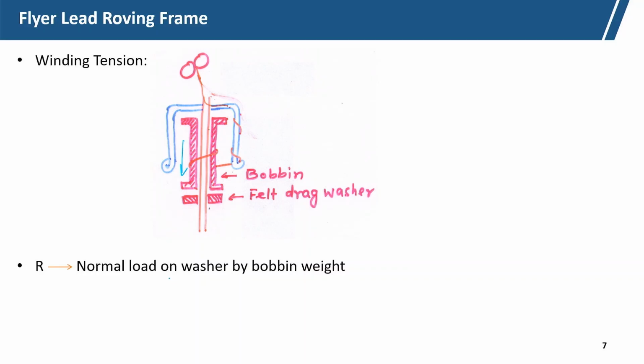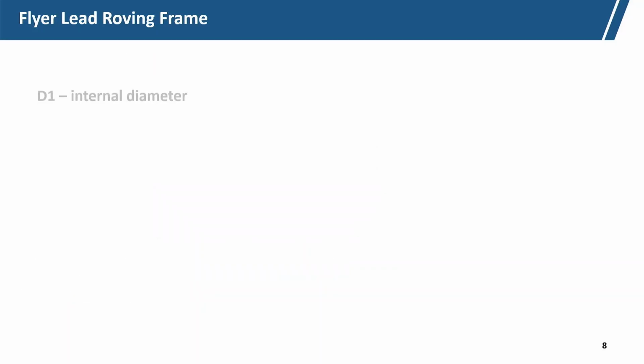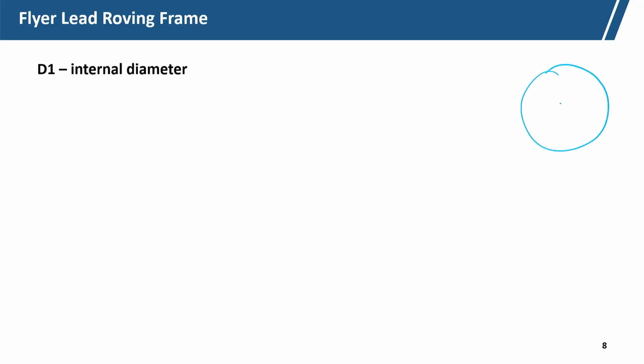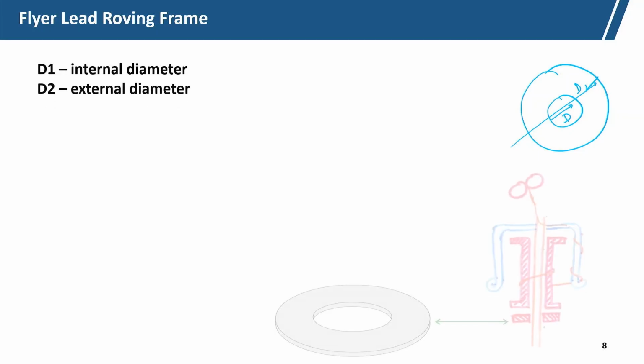So, the normal load on the washer by the bobbin weight is R, mu is the frictional coefficient between the washer and the bobbin flange surface. D1 is the inner diameter of the washer, D2 is the external diameter of the washer.